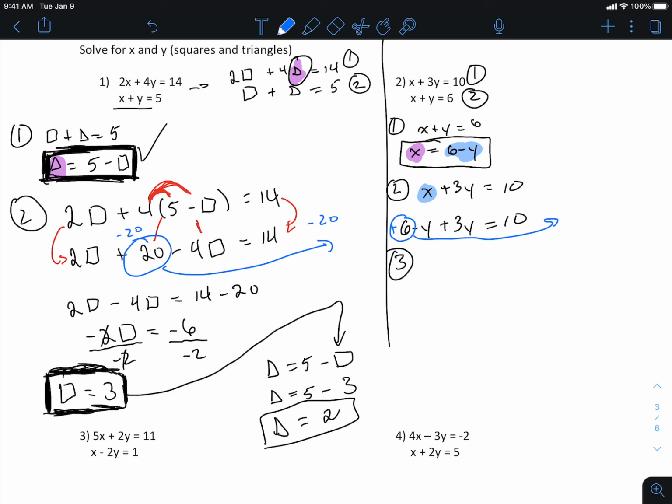When I do that, subtract 6, and I'm just going to rewrite the line here, but this time without the positive 6. And then you just do the math. Negative 1y plus 3y is going to be 2y. 10 minus 6 is 4.